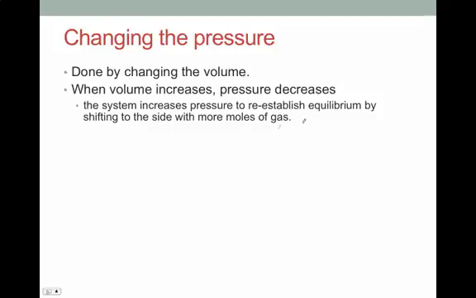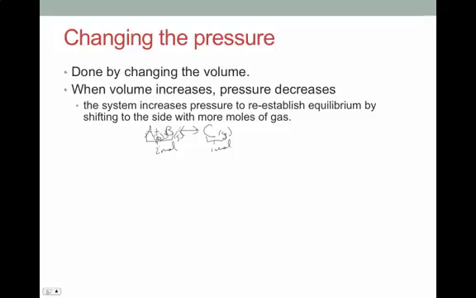A plus B is in equilibrium with C. We have 2 moles of gas here and 1 mole here, and these are both gases. They actually have to be labeled gas because if it was a solid or a liquid or aqueous, it wouldn't act the same.